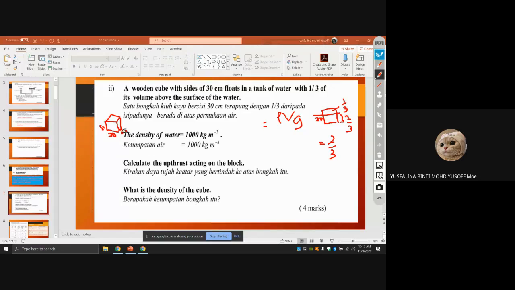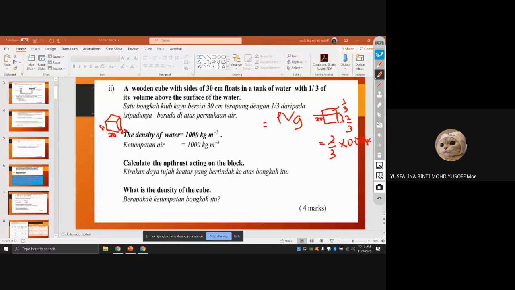So 0.3 times 0.3 times 0.3, you will get 0.027. Then multiply by 2/3.